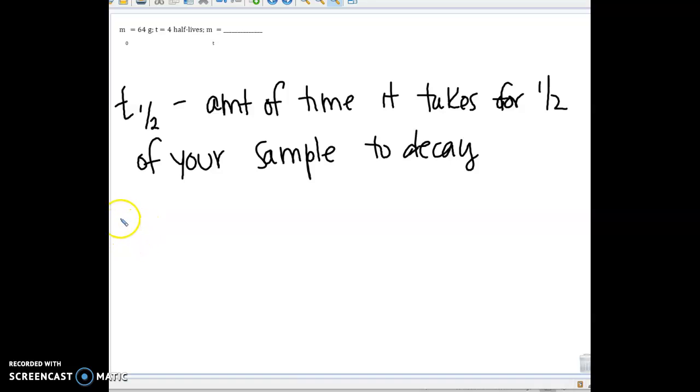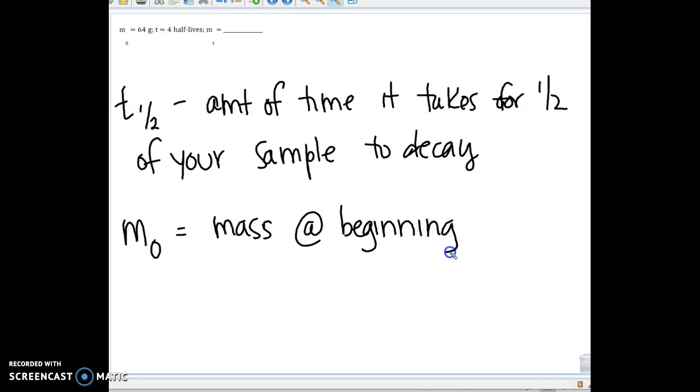So when you look at the symbols here, we're going to have M sub 0, which is the mass at the beginning. So this is the mass you start with. You can see that up here when I copied it, my sub came way down here, but that's M sub 0.